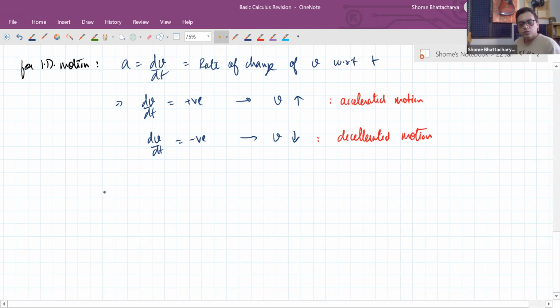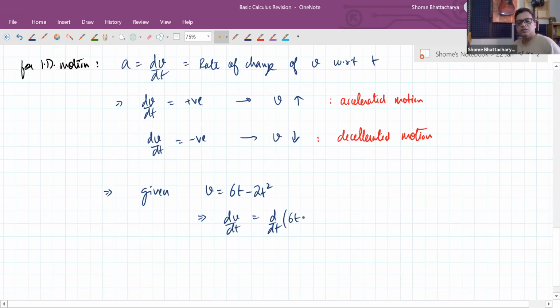Since it is given to us that v was 6t minus 2t square, following the correction that I made, it means that dv/dt is equal to 6 minus 4t. Just differentiate this. So let's do this step by step.